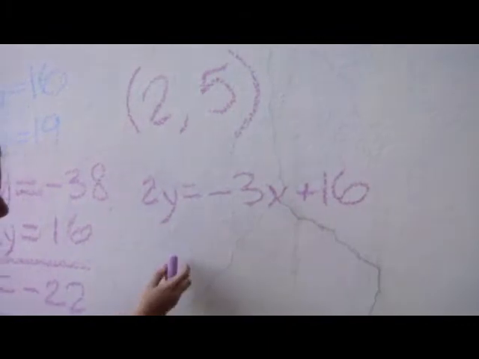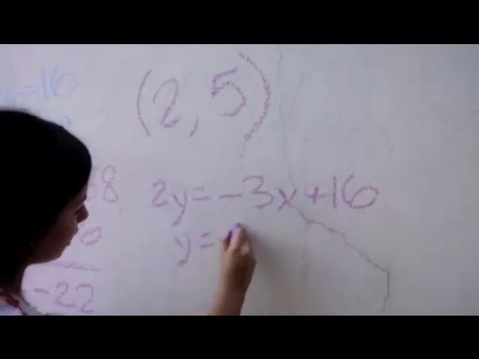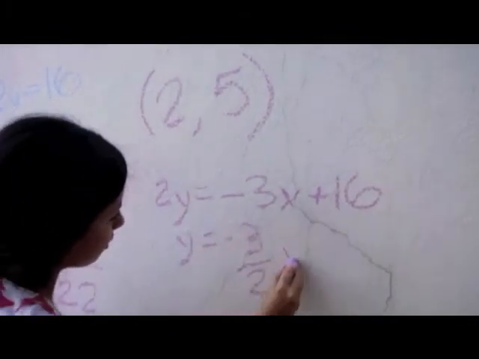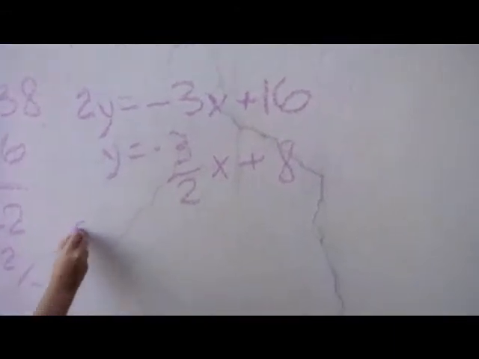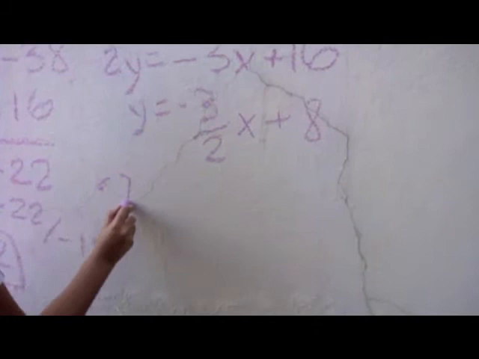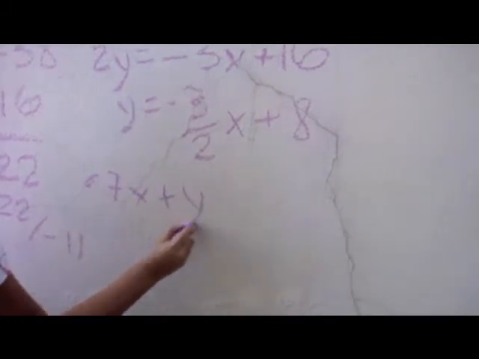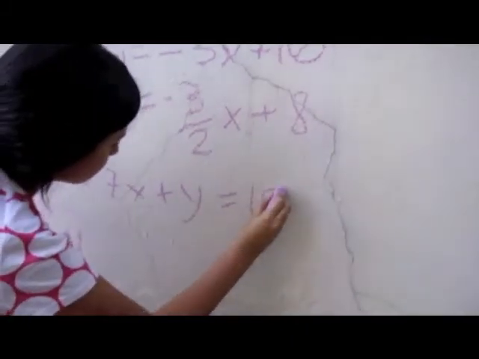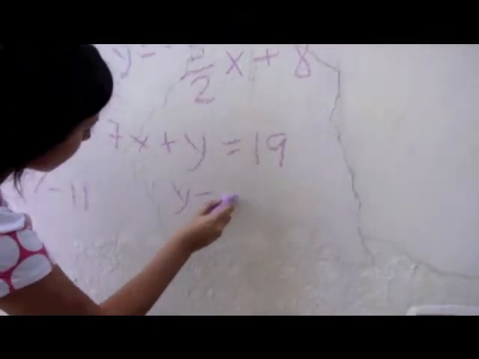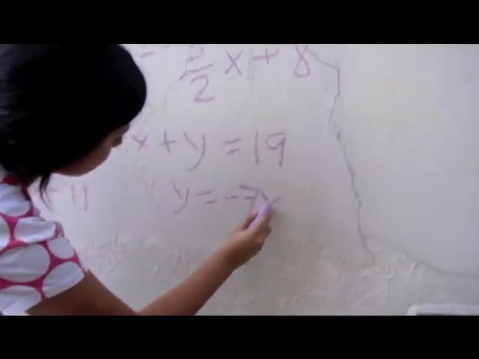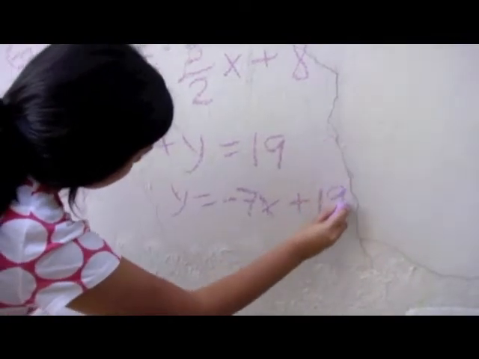We pass the 2 dividing, so we will have y equals -3 over 2 x plus 8. And the second one is 7x plus y equals 19. We pass this one subtracting, so it will be y equals -7x plus 19.